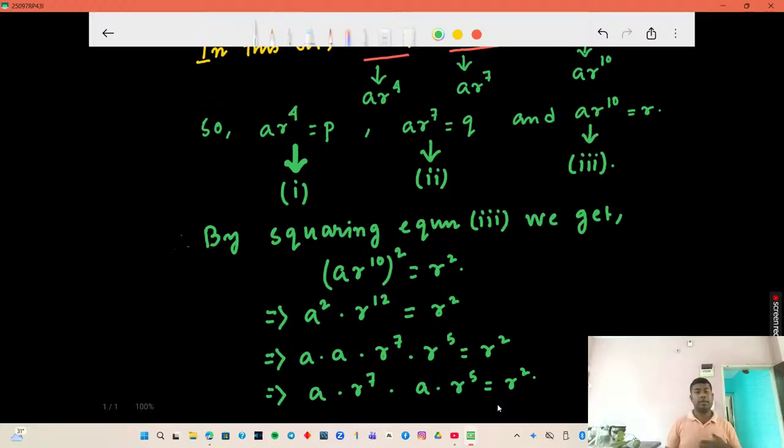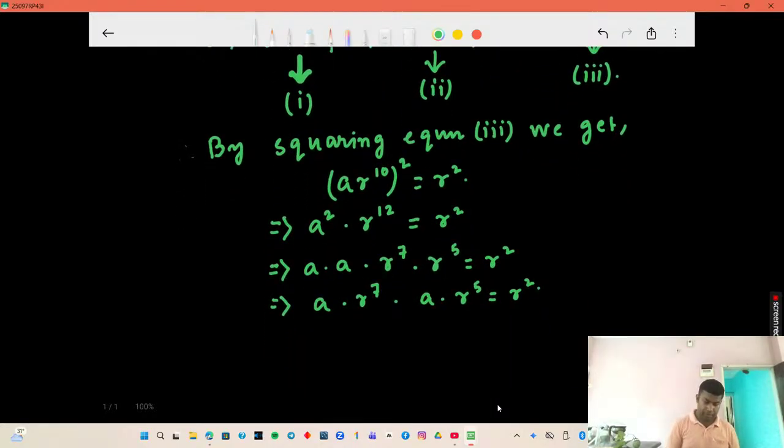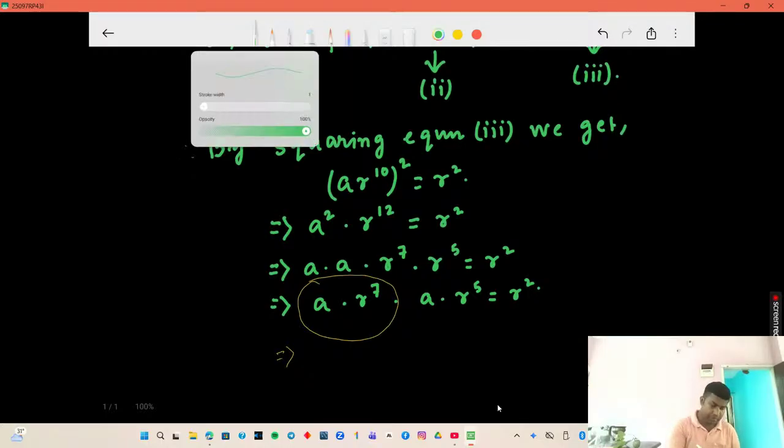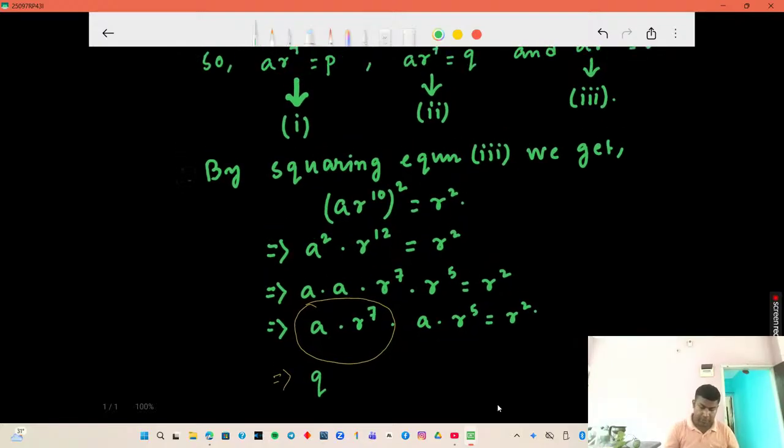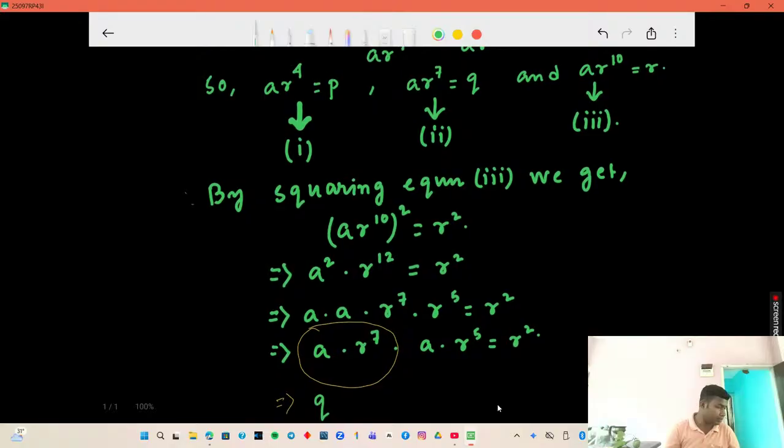I have done nothing else. So here the value of A into r to the power 7, what is the value of A into r to the power 7? It is nothing but Q. We can directly write Q, as you can see in the question.